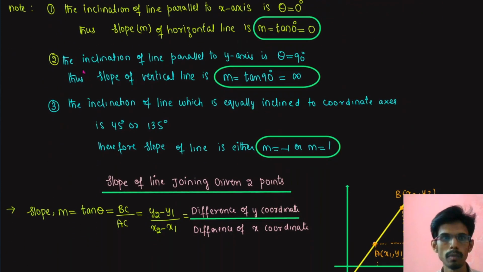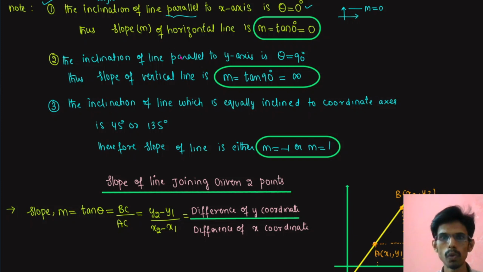Now let us note these points. Here the inclination, point number 1, inclination means the angle made by the line will be 0 degree when it is parallel to x-axis. If we have this coordinate axis, this is x-axis and y-axis, if a line is parallel to x-axis, then it will have slope 0, no bending is there.